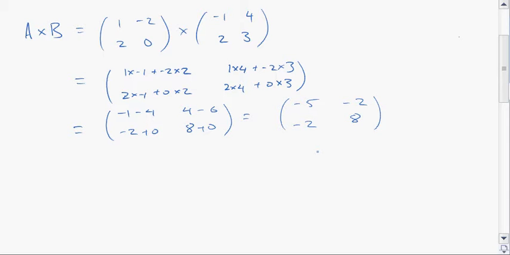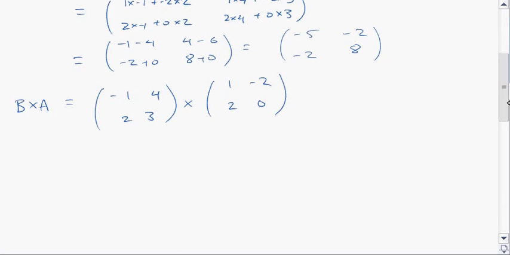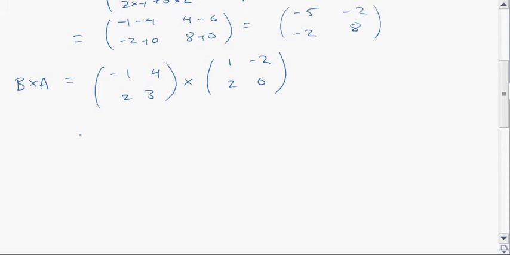Now what I'm going to do is multiply it the other way around, so B times A. So B times A is -1, 4, 2, 3, times 1, -2, 2, 0. So again, row 1 times column 1 is going to be -1 times 1 plus 4 times 2.